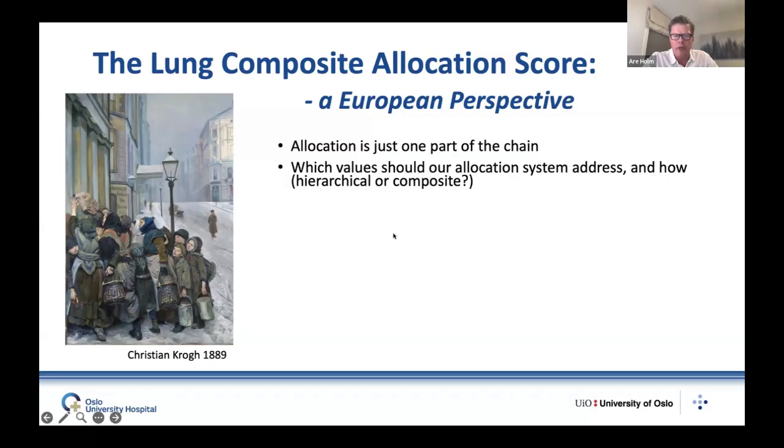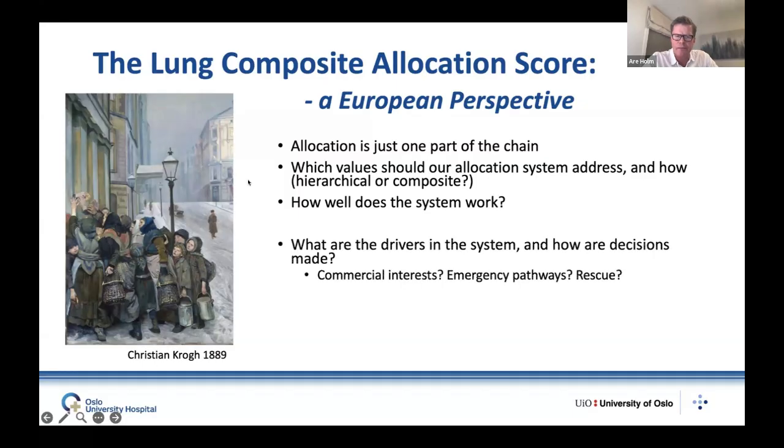And we need to think about which values our allocation system should address and whether it should be hierarchical or a composite and a scoring system. And then we need to do on our side of the Atlantic as well, as you do, evaluate the system and continuously ask ourselves how well the system works, and also what the drivers of the system might be.